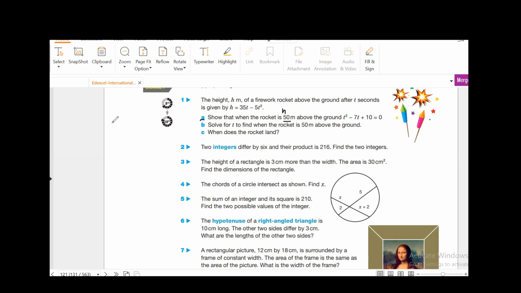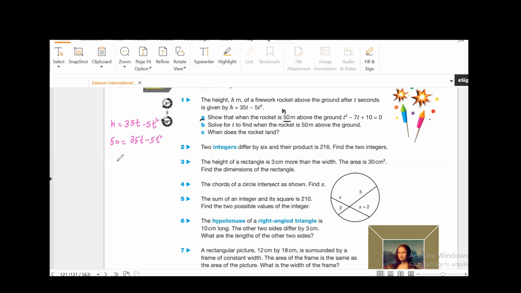We are given that h is equal to 35t, where t represents seconds, minus 5t squared. As we know the height is 50 meters, so 50 is equal to 35t minus 5t squared.